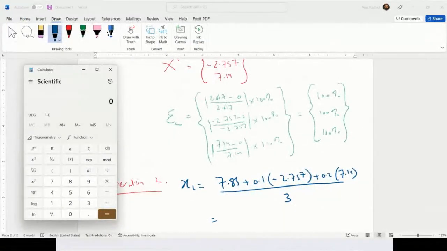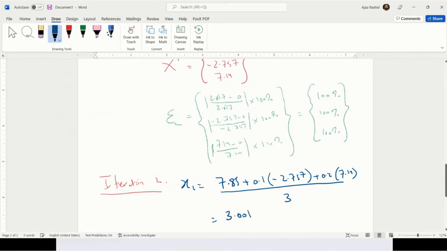So I have 7.85, plus and minus becomes minus 0.1 multiplied by 2.757, plus 0.2 multiplied by 7.14, divided by 3, and I get 3.0007, so that's 3.001.